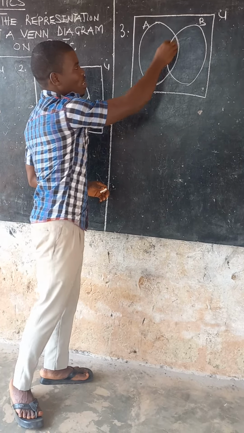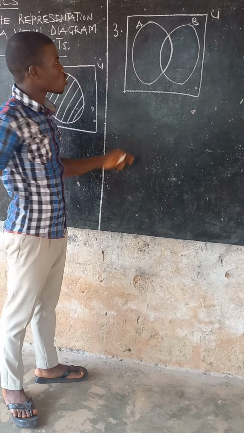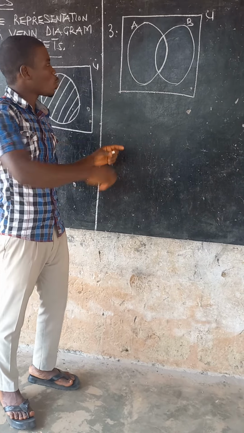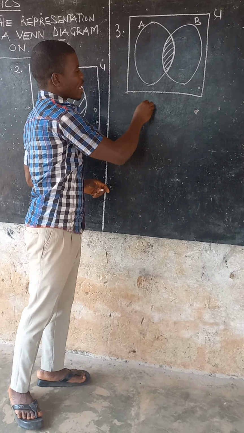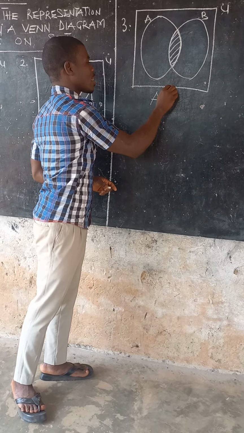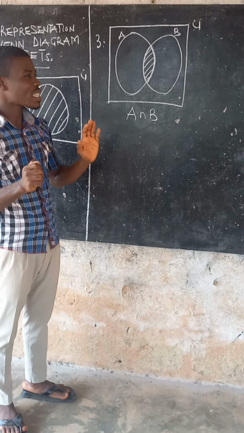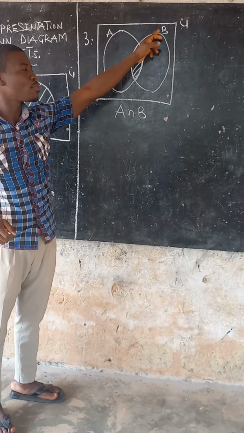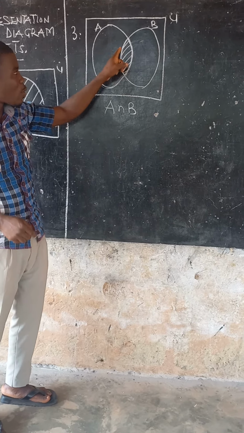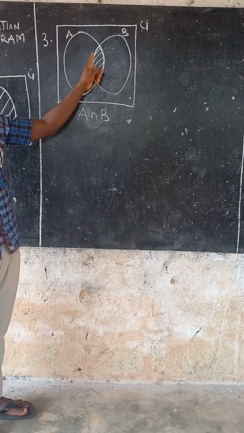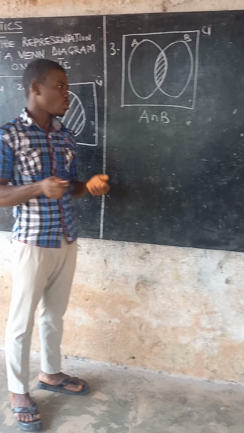They are joined together at this point. So the question is asking you to find this place. That is A intersection B. So if the question asks you to find A intersection B, or those within both A and B, you are asked to find only this region. When you are done, you are okay.